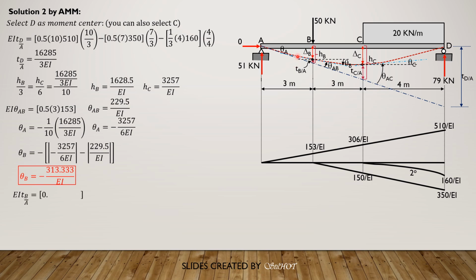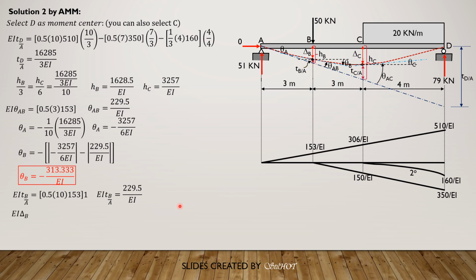Then EI delta B, the deviation of B relative to A, is the moment of this area, 0.5 of 3 times 153 over EI times 2/3 of 3, which is 1/3 of 3, that is 1. We sum up moment about B. So the deviation of B relative to A is expected positive because point B on the elastic curve is above the reference tangent.